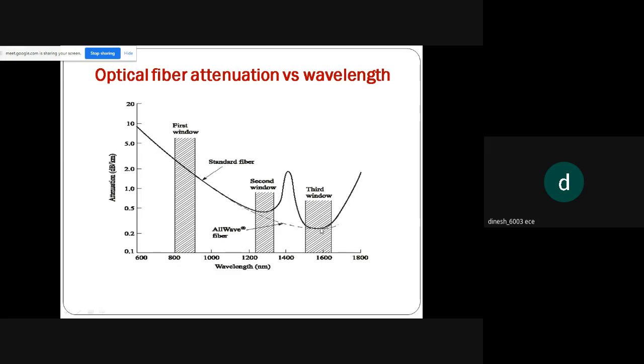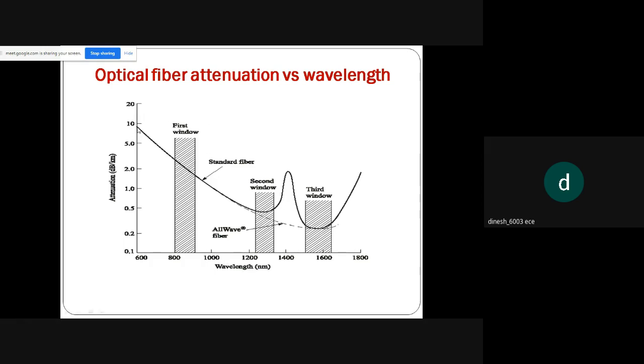Then in 1995 or 1996, the third window was implemented, operating at 1550 nanometer, with attenuation of around 0.8 decibels per kilometer. So for 1 kilometer it was 0.8, and for 10 kilometers it would be 8, and it goes on depending upon the length of the fiber used.